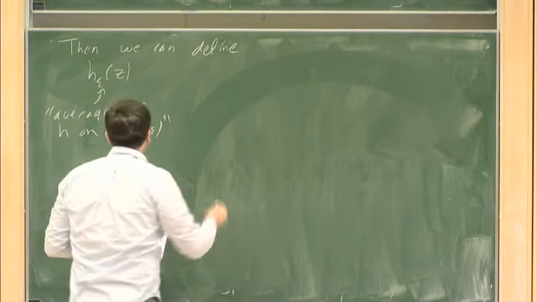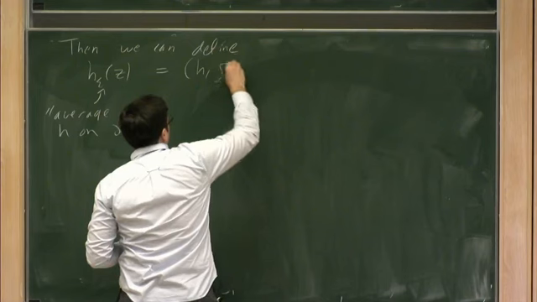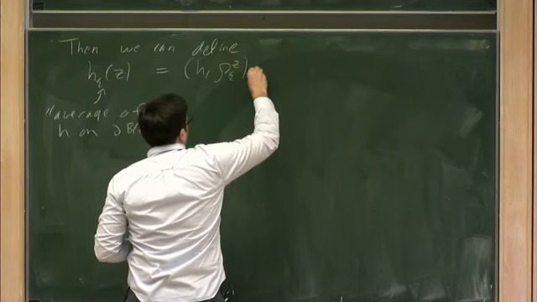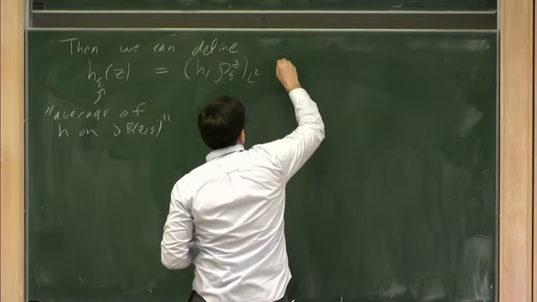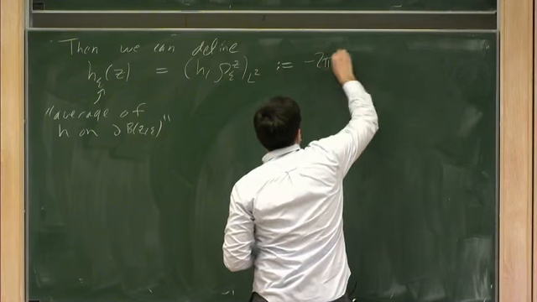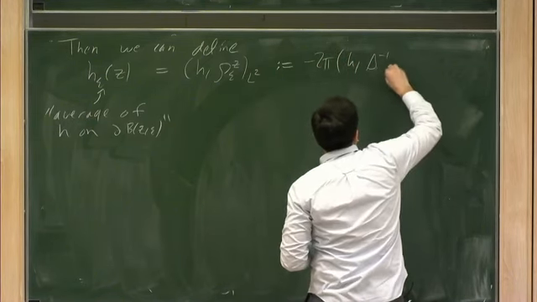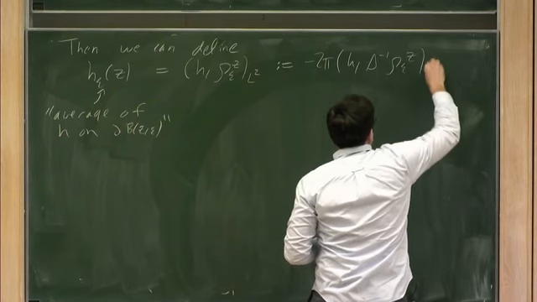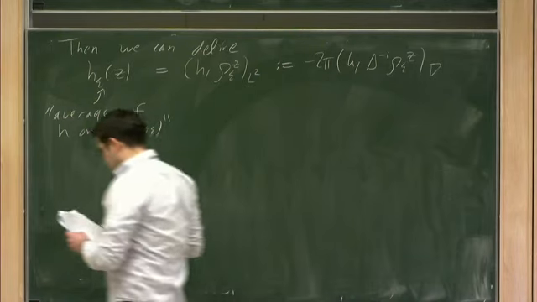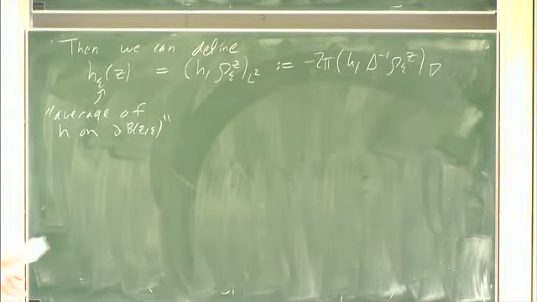The way we define this is as the L2 inner product of the Gaussian free field with this measure, which in turn is defined by taking the Dirichlet inner product times minus 2 pi of the Gaussian free field with the inverse Laplacian of this measure.